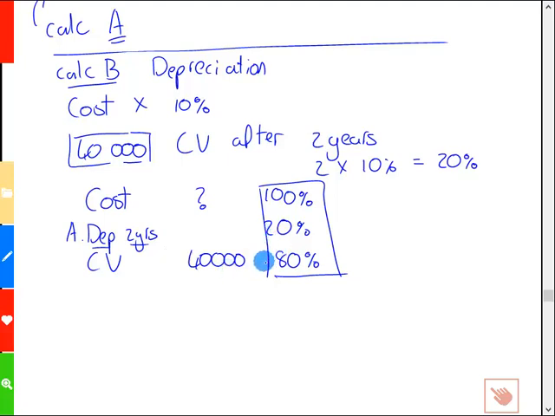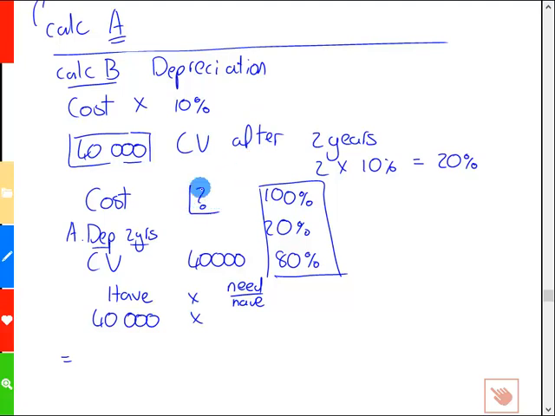Alright, so we've got 40,000 Rand. Right, that's what we have. I'm going to take what we have, multiply by what we need over what we have, and see if you can calculate what the accumulated depreciation is. Sorry, not the accumulated depreciation. Calculate, we're trying to find the cost.